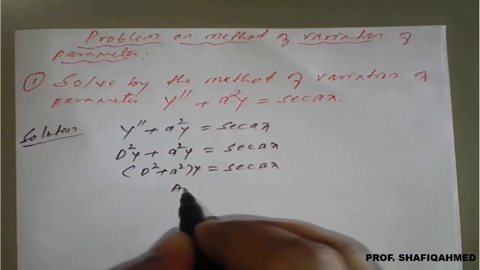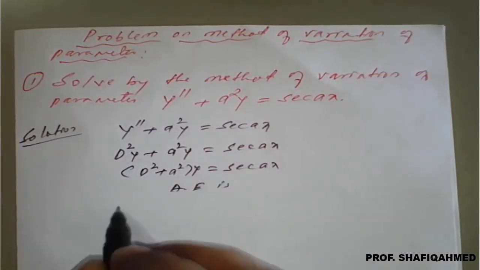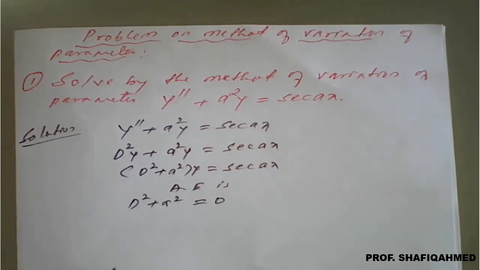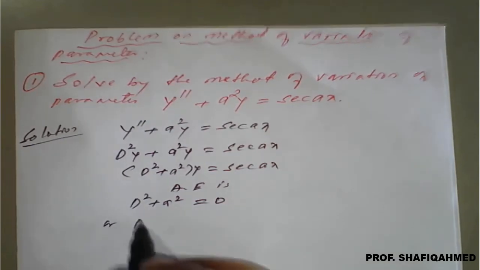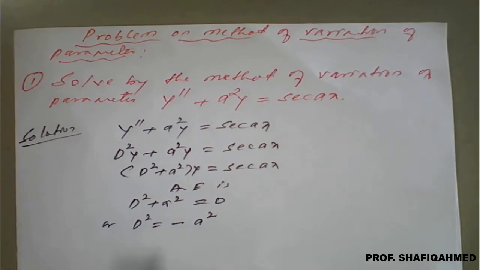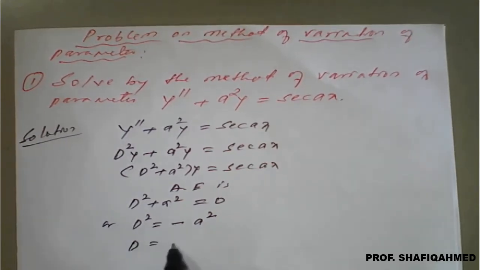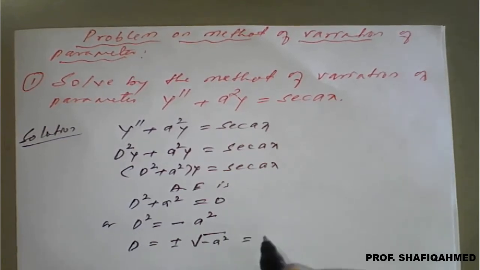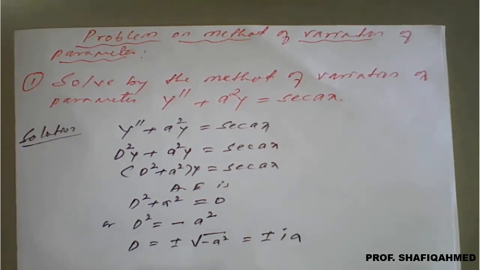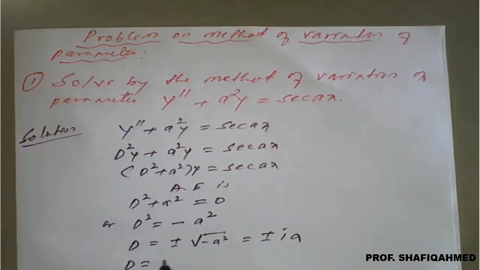So the auxiliary equation is D square plus a square equal to 0, or D square is equal to minus a square. Taking square root on both sides, D is equal to plus or minus square root of minus a square, which is plus or minus i times a.